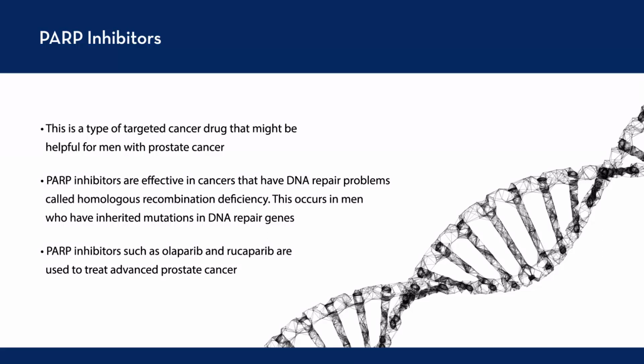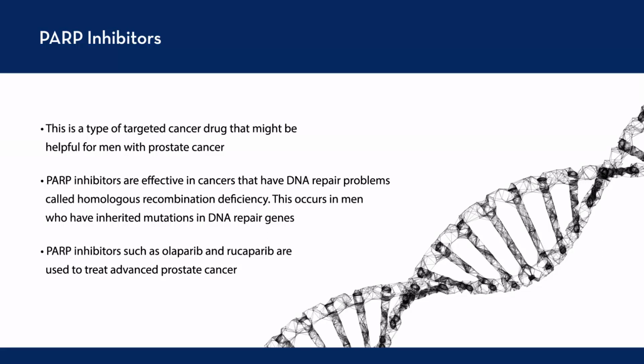Now, what happens is, in a man who has dysfunction of this pathway, who has inherited a faulty gene from one of their parents, and has developed prostate cancer that has this particular feature of homologous DNA repair dysfunction, these cancers will respond to PARP inhibitors.